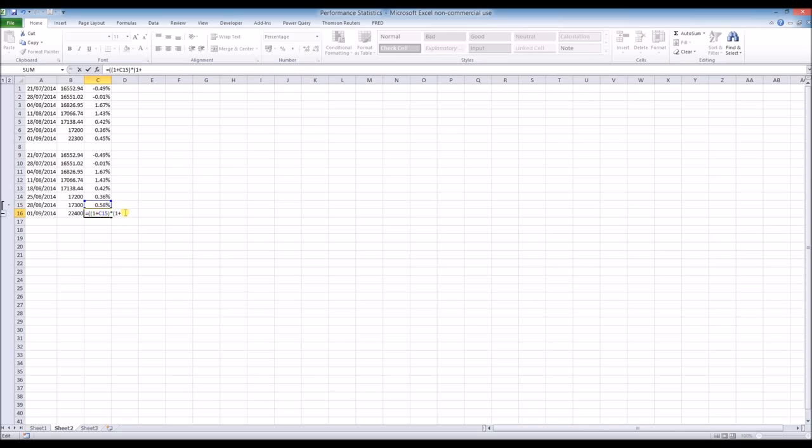The second half of the week has returns of 22,400 minus 17,300, but remember we need to add the capital injection, so it's minus 17,300 plus 5,000, divided by 17,300 plus 5,000.